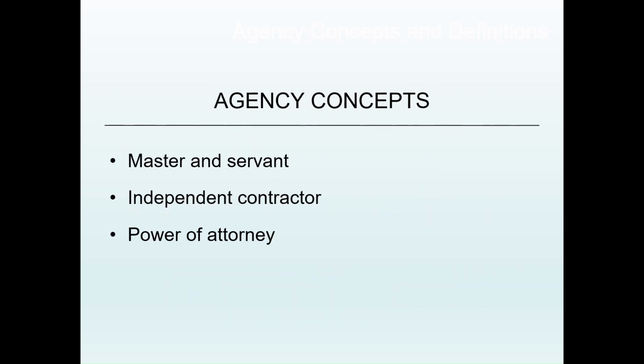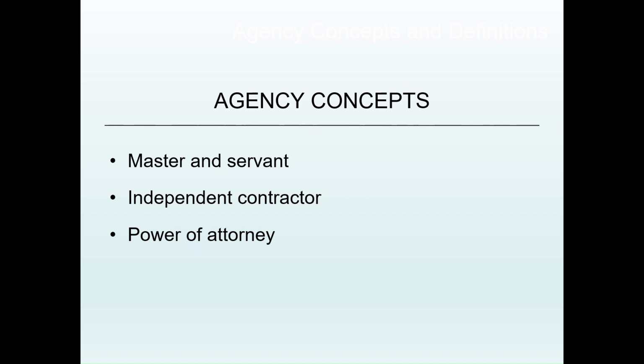Some concepts of agency that are important to recognize. First of all, there's master and servant. This is terminology that seems very antiquated, but if an employer has a right to control the manner in which an agent performs his or her work, that agent is likely an employee and not an independent contractor. An independent contractor, on the other hand, is when an individual is hired by another to perform some specific task or function, but not in a representative capacity.